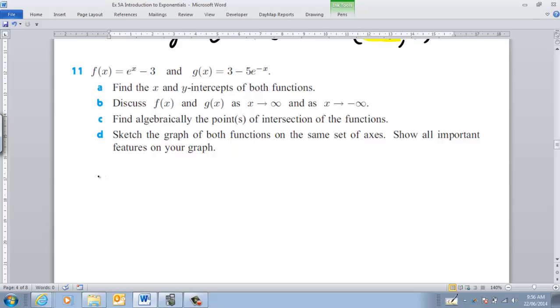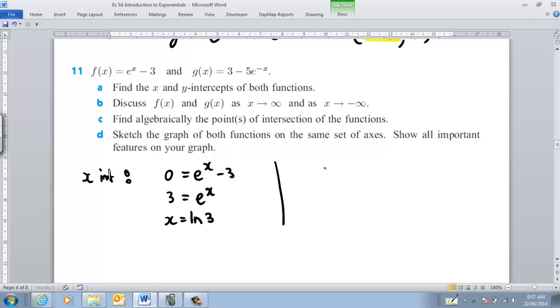So for our x-intercepts, let's do that first. 0 is equal to e to the x take 3. Rearrange that, we've got 3 is equal to e to the x, so therefore x equals ln of 3. So that's my f function.